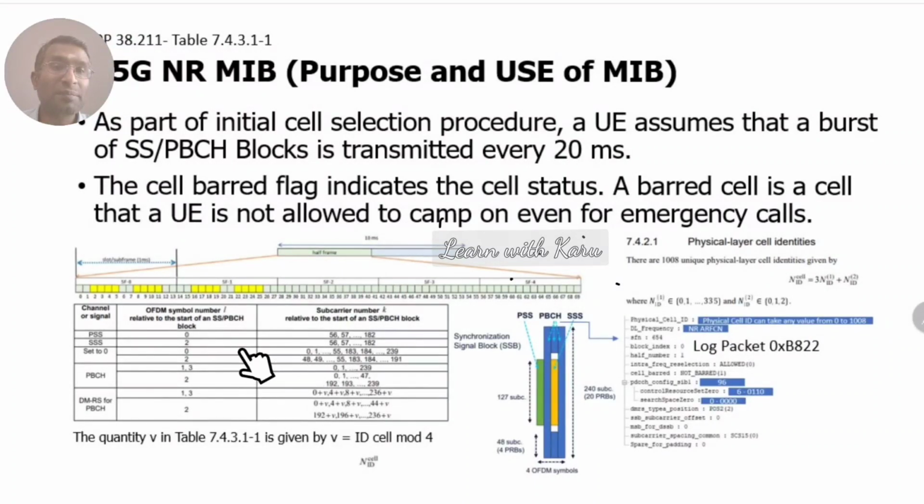These are the subcarriers that are set to null. SSS is available in symbol 2, and it is also from 56 to 182, which you can see highlighted in orange color. You can see here 0 till 55 is blank, and then above, from 183 till 239 is blank, which is null.